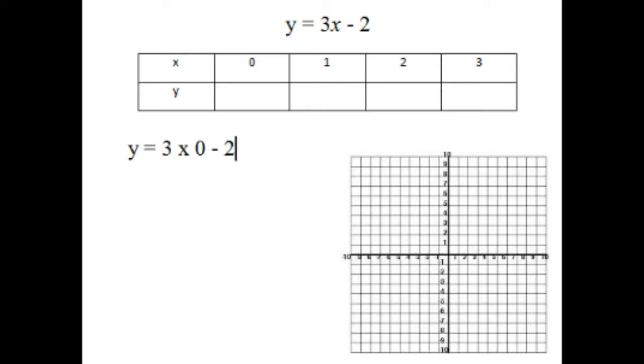So 3 times 0 is 0, minus 2 is minus 2. So that's the first one. Let's have a look at the next one. So y equals 3 times 1 minus 2. 3 times 1 is 3, minus 2 is 1. So when x is 1, y is 1.